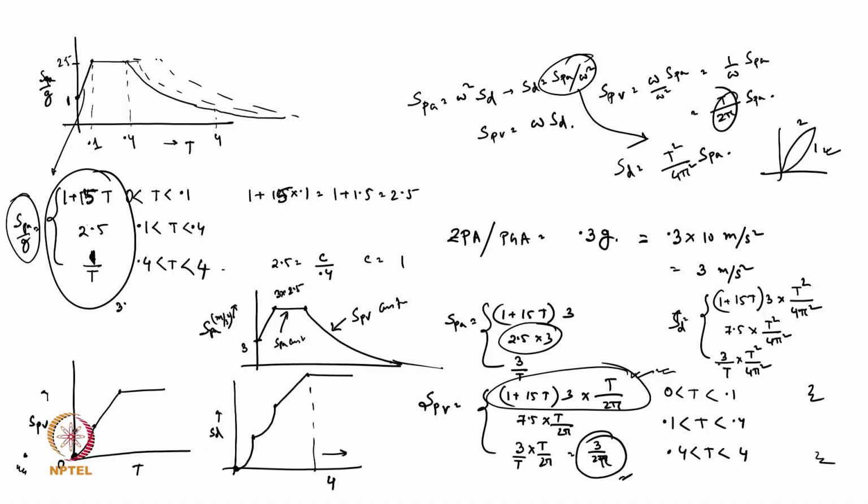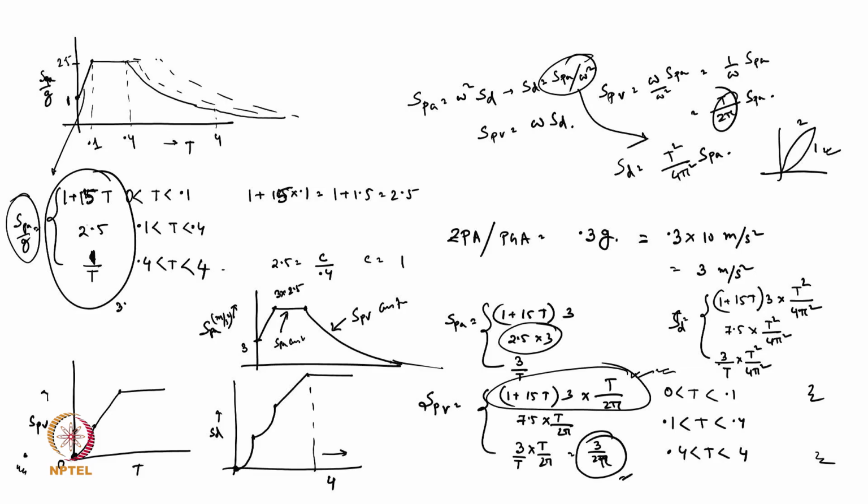So we can see that in case of the response spectrum, like the normal one, that is SPA, we first have an increased acceleration, then the acceleration gets constant, then you will have a velocity control range where the velocity is constant, then you will have a constant displacement range, which will come beyond the 4.